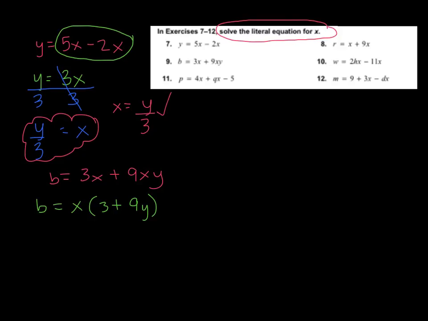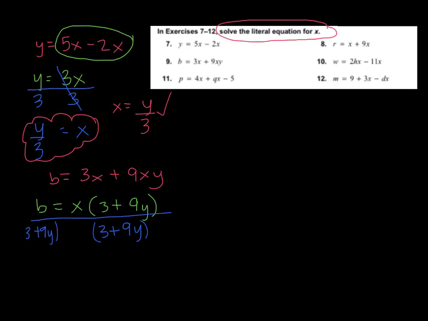Now notice all I've done is undone distribution. If I was to multiply this x back into this binomial, it would equal 3x plus 9xy. Okay? The reason I did this is because now I can get x by itself. Because what's the opposite of multiplying? It's to divide. So I'm going to divide by 3 plus 9y on both sides.